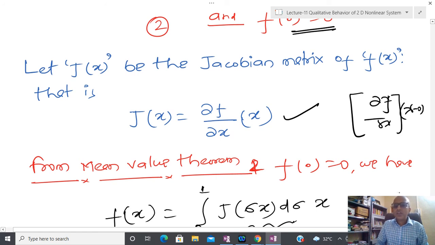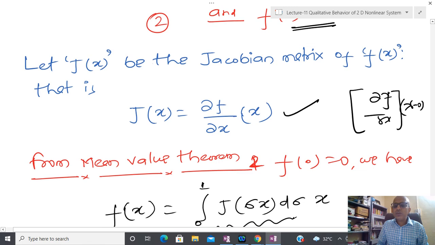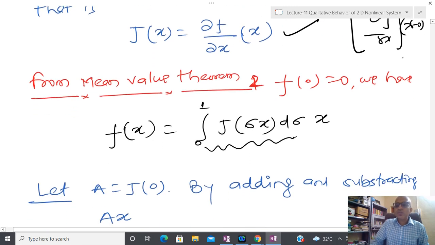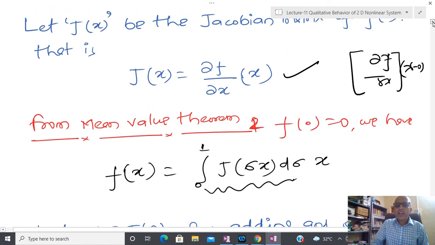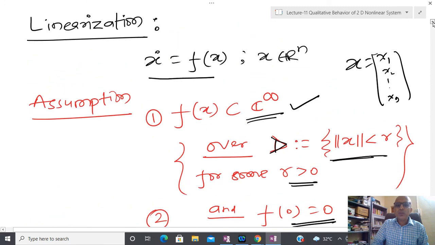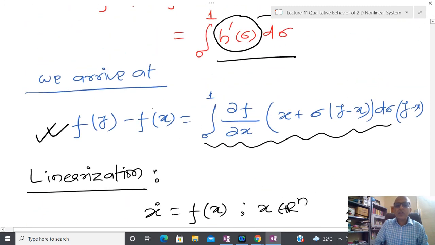Now since f(0) equals 0, in the mean value theorem, in place of x I am going to substitute 0. If you substitute 0, you can see here dou f by dou x at x equal to 0, and after that this quantity becomes 0.